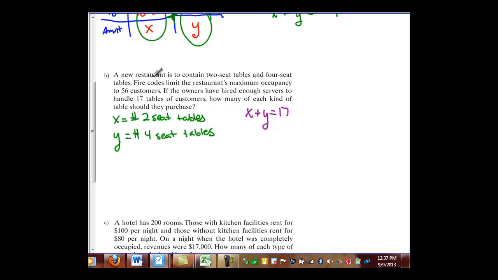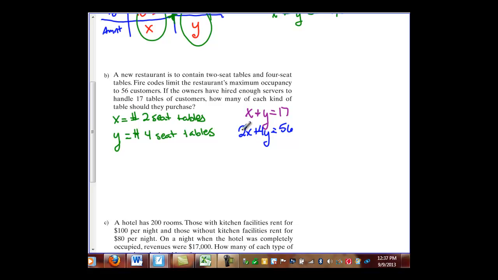So how am I going to figure out how many customers I can have? Yeah, so how do I write an equation that's dealing with the number of seats at the tables? Perfect. So 2x plus 4y is 56.